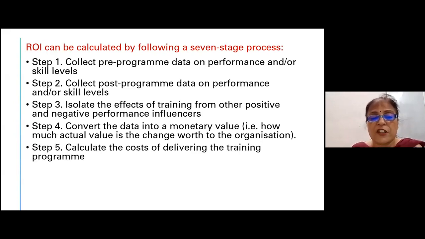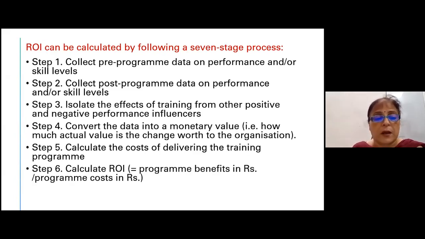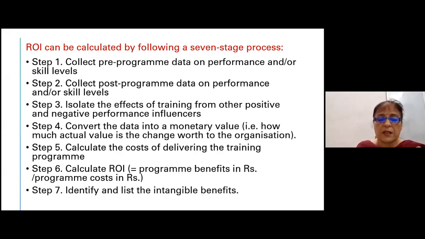Then step 5 is to calculate the costs of delivering the training program. Step 6 is to calculate the return on investment. That is, if you have the cost and you have been able to identify the benefits, what is their ratio? And step 7 says, if there are some other factors which cannot be counted or converted into monetary value, identify them and list them. That is what the ROI model is for.